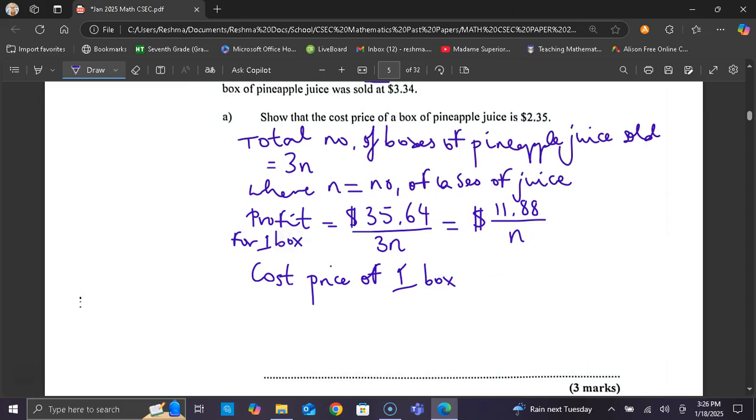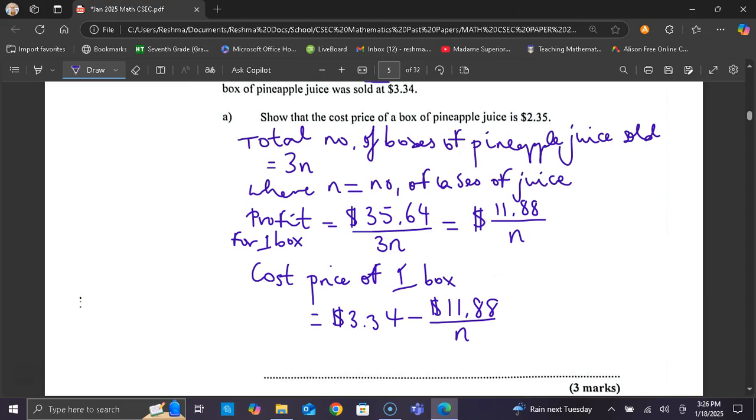So the cost price of 1 box of pineapple juice will be the selling price, which is $3.34, minus this expression that I got here in terms of n. And I have to leave my answer like that because, again, I am missing information. I don't know what n is, the total number of cases of juice.